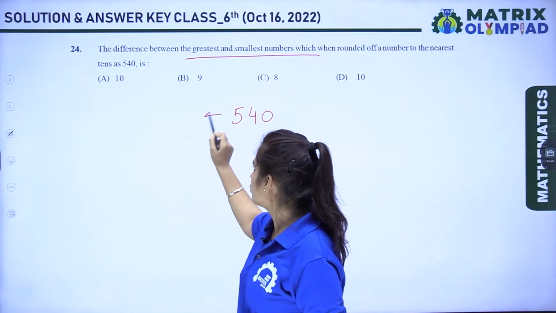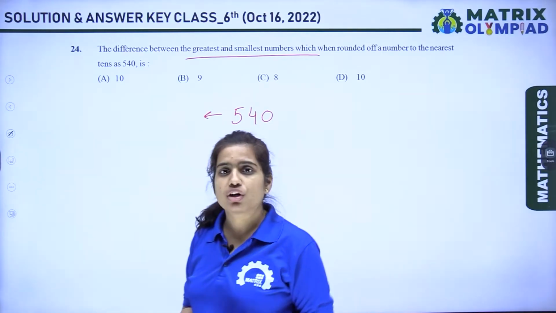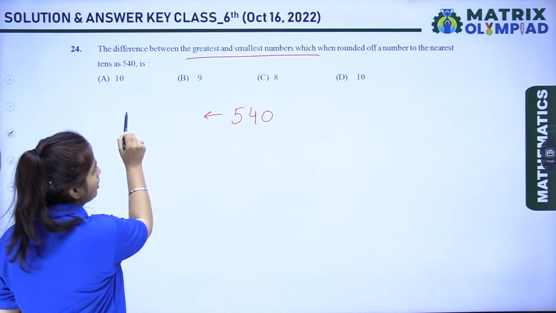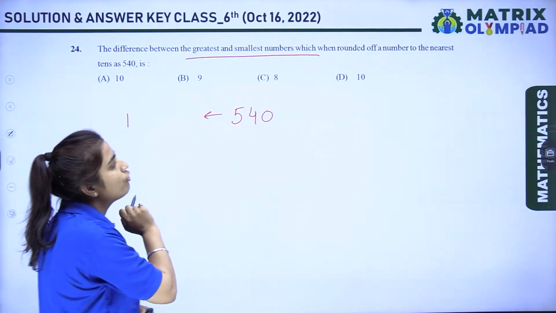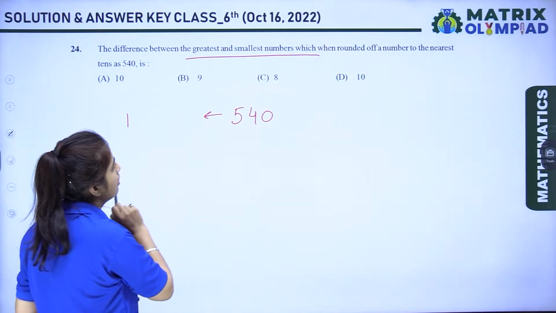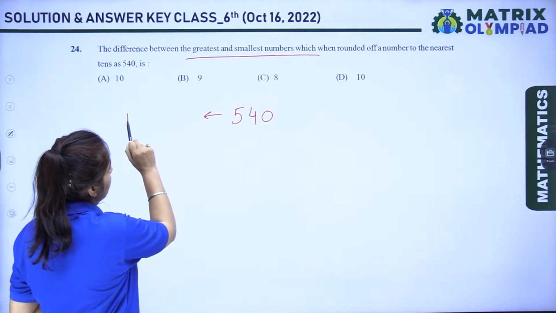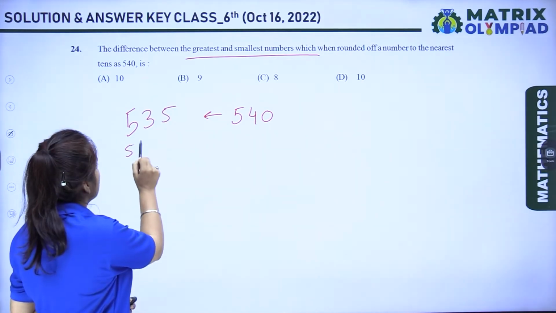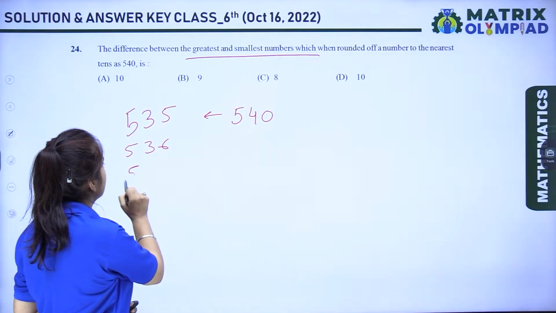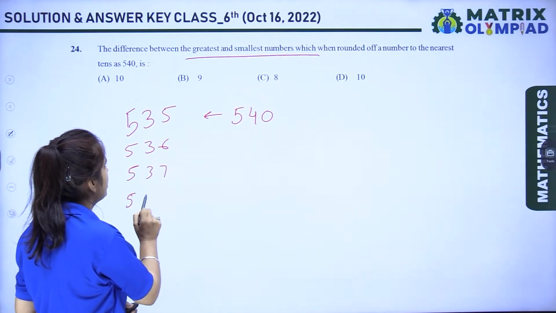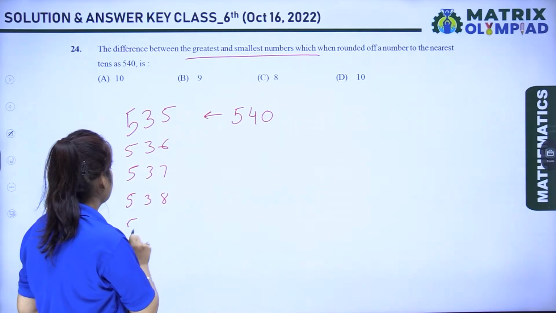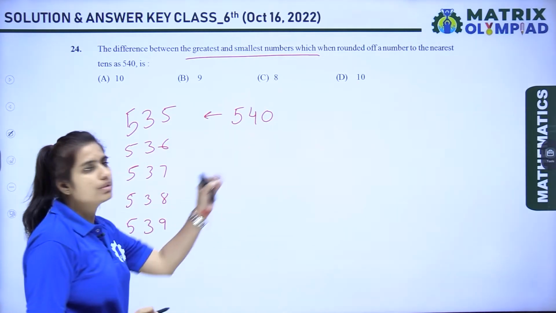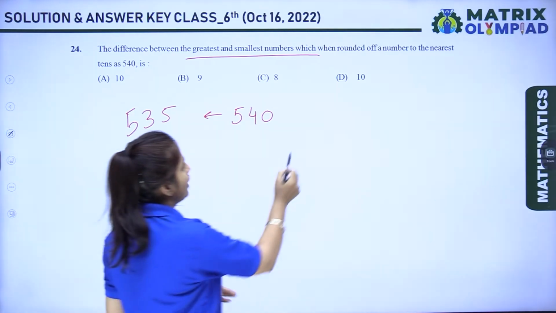Again we are using the concept of rounding off or estimation. So let's begin with the numbers which give us 540 after rounding off. Here we have 535, 536, 537, 538, 539 and 540. These all numbers round off to 540.